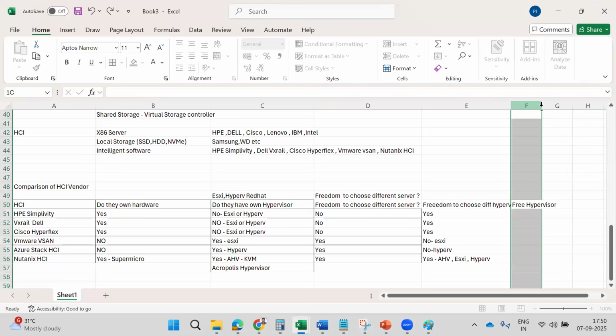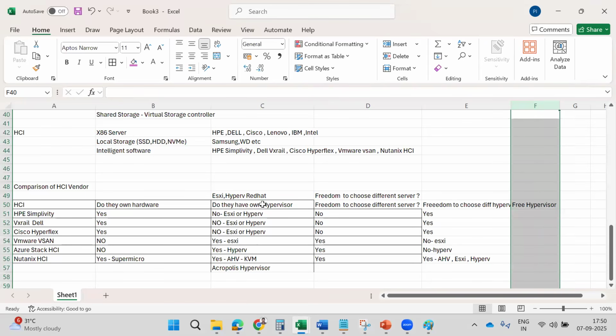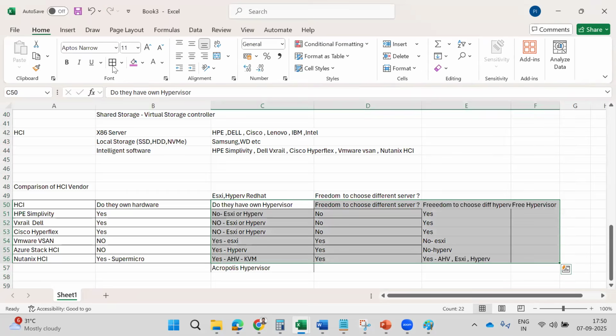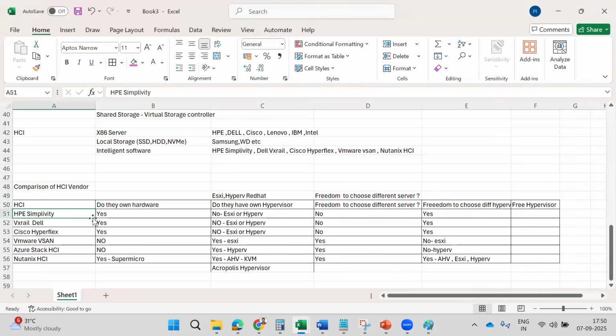Next important point is free hypervisor. Am I going to get free hypervisor from these companies? So if I take HPE SimpliVity, hey, can you give me free hypervisor? HPE says, I don't have my own hypervisor. For hypervisor, I use ESXi or Hyper-V. VMware is not going to sell ESXi for free.